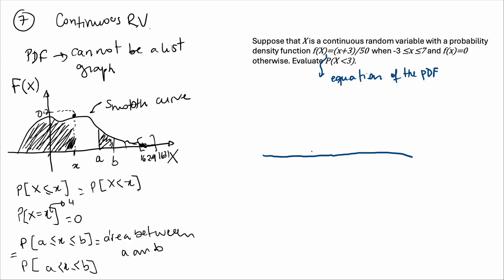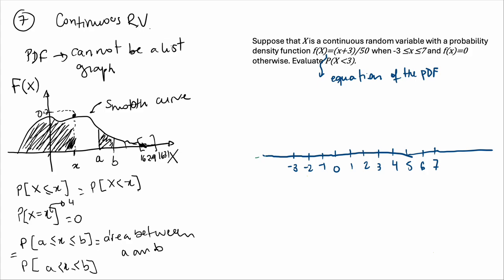Between -3 and 7, so between -3, -2, -1, 0, 1, 2, 3, 4, 5, 6, 7, my curve follows this equation, and otherwise it's 0.